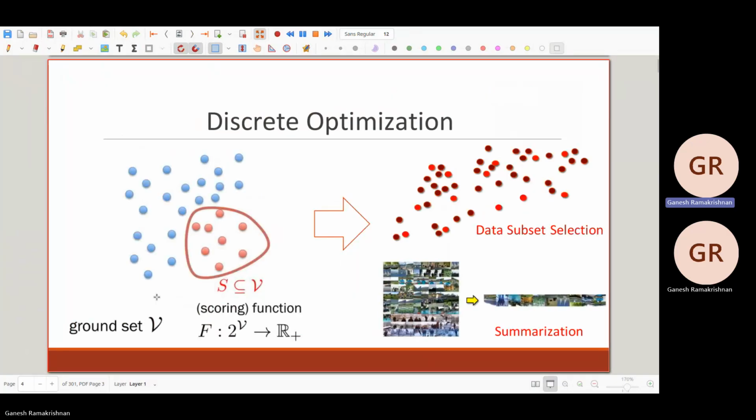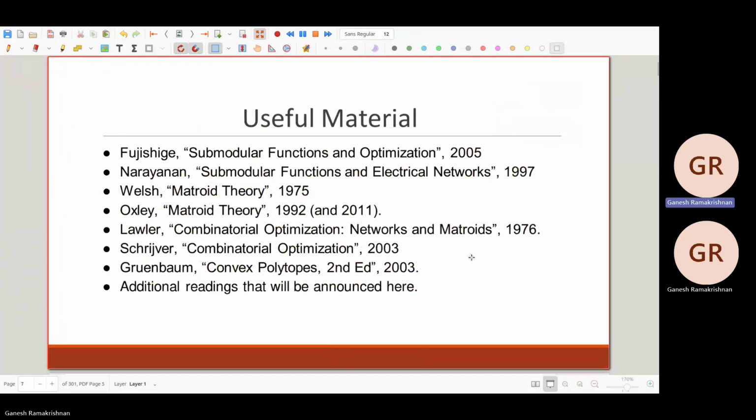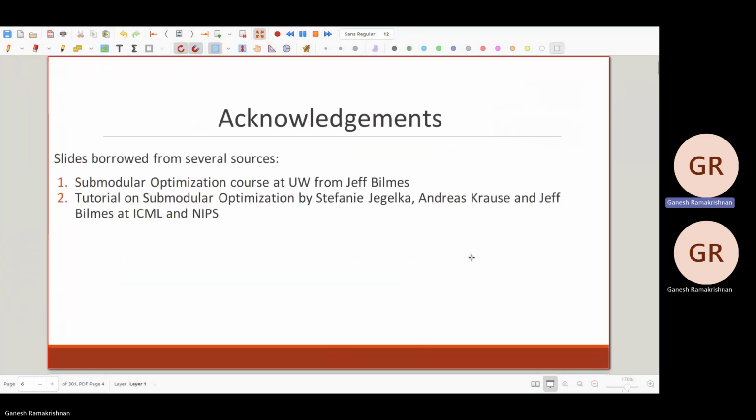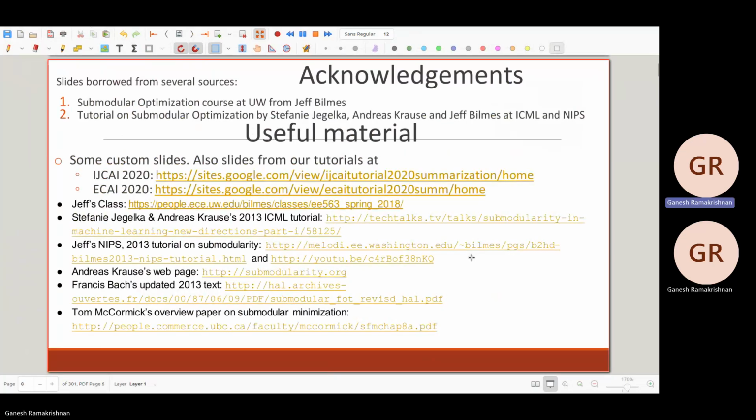Let's look at some ML. I think this was our favorite problem, where you have a scoring function over elements in a ground set V, and you want to score such that a subset is as representative as possible, as diverse as possible. There are some nice slides that I borrowed from Jeff Bilmes, and some good books that refer to this class of optimization problems.